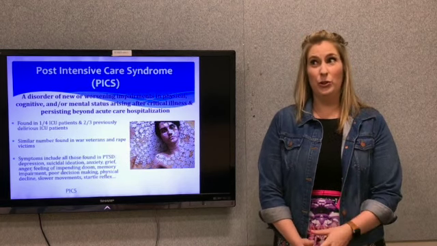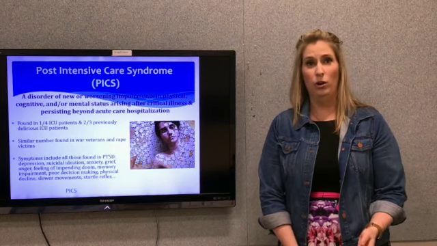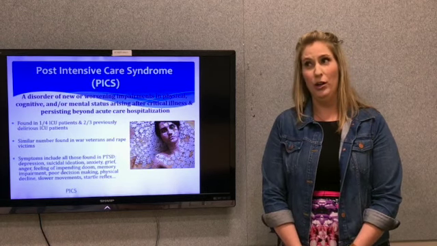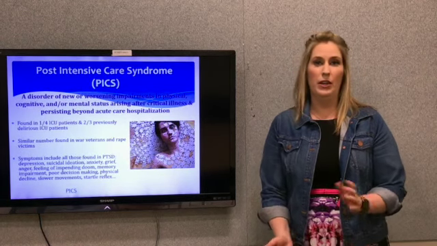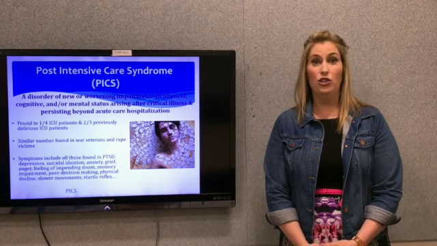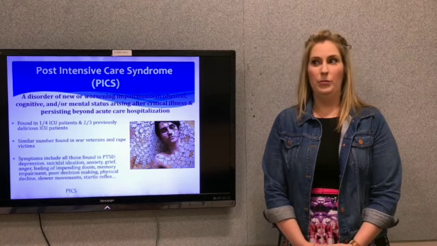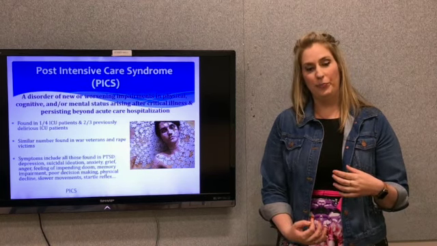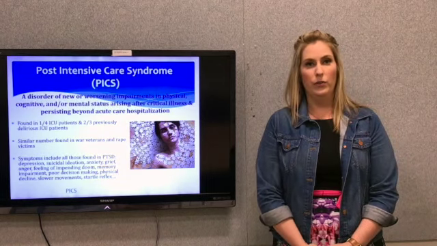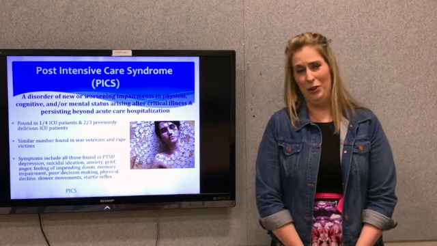These numbers, the 2/3, is similar to those who've been in war or rape victims, so it's quite a large number. And these symptoms include anything that can be found with PTSD, depression, suicidal ideation, suicide attempts, anxiety, grief, anger, and it can also affect your motor function as well. This they're finding is more and more common, and it's very, very unfortunate.